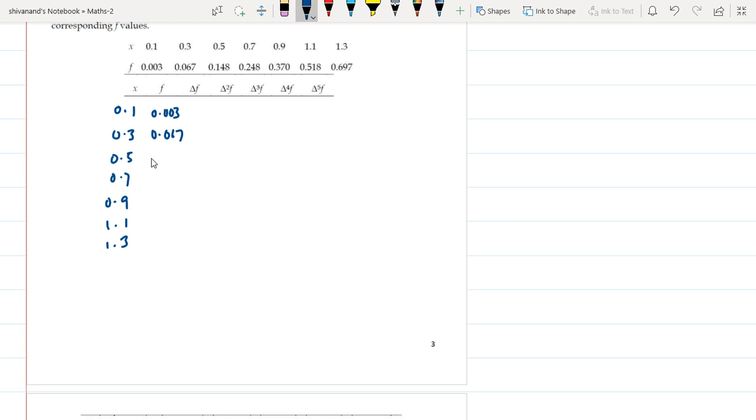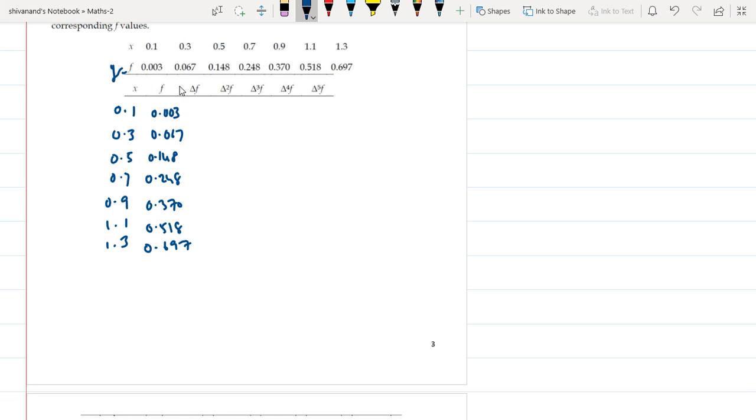Now what are the f values? 0.067, 0.148, 0.248, 0.370, 0.518 and 0.697. These are all given values here. f is given, this is nothing but y equals f of x.